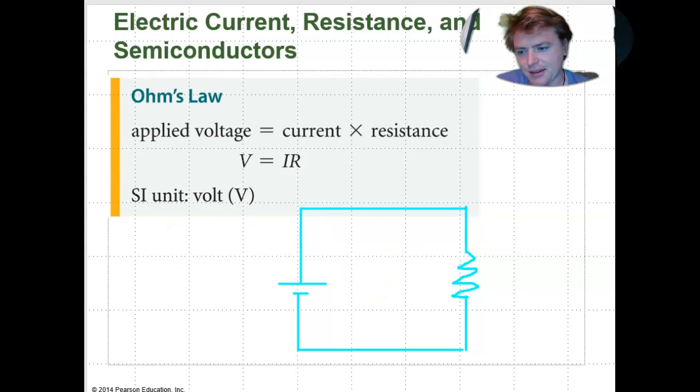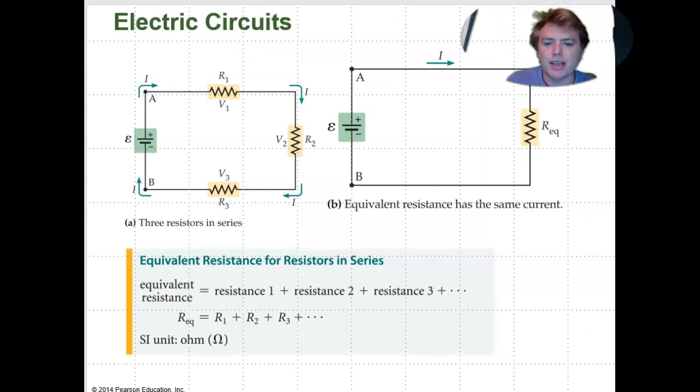Now what we're going to look at here a little bit more in depth is what happens when we are looking at resistors that are in series. This is the easiest way we want to put these things together, because we can see that if I have resistors in series, I can treat them all as one resistor.